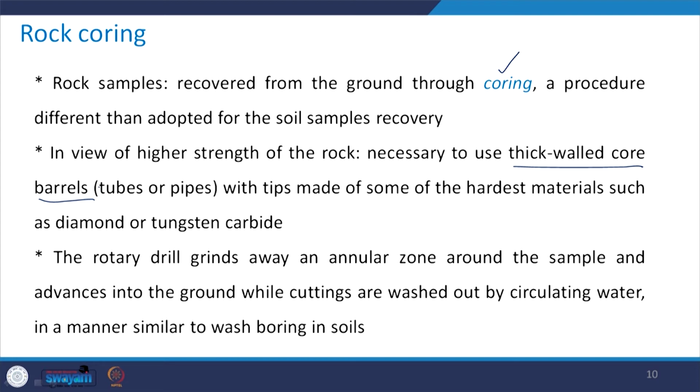Okay. So, the point is that the extraction process of rock is very much different from that of soil. In view of the high strength of rocks, one has to use the hardest material in order to extract the sample from the ground.